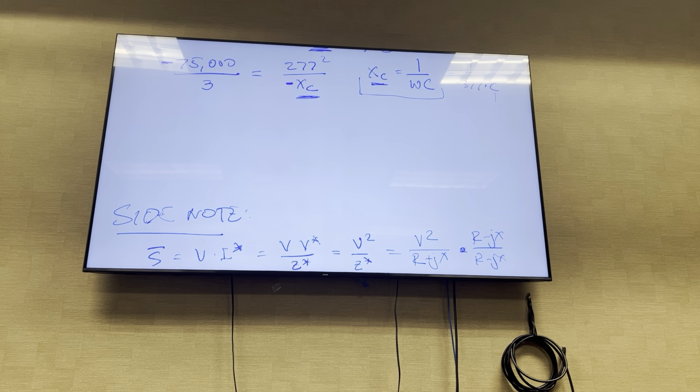So this is C per phase, right? This is C per phase, since we used the line to neutral voltage in this equation.